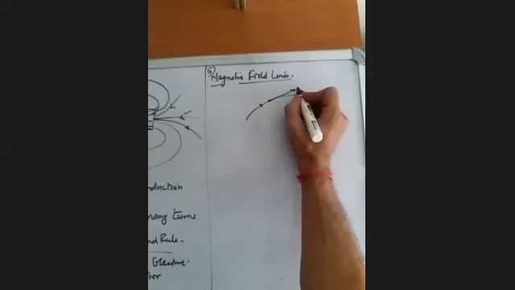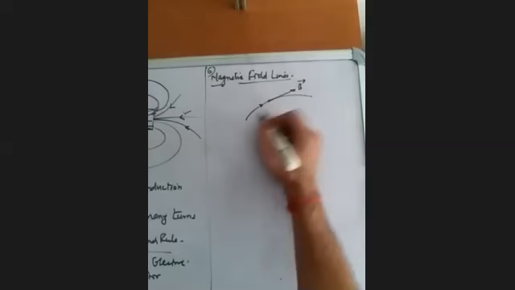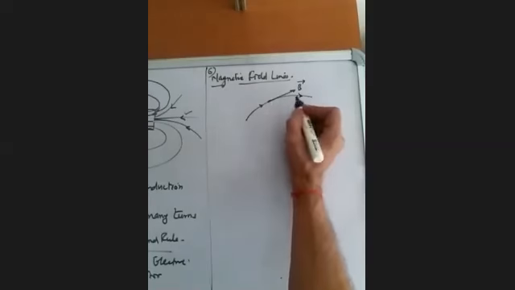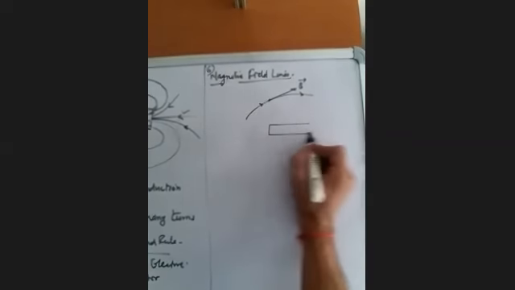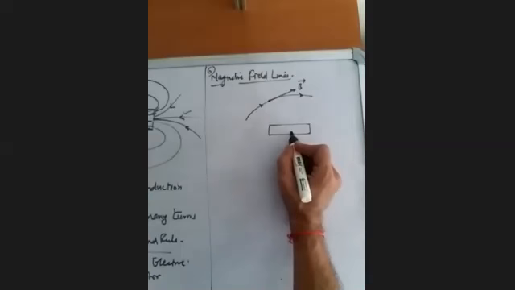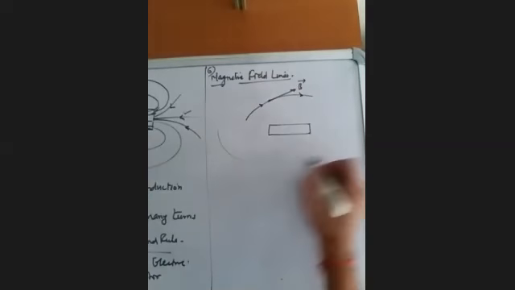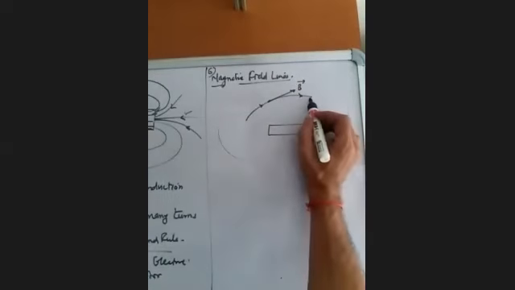So this is the direction of magnetic field. So if straight, it may be curved around any magnet. Wherever there is a magnet, there will be magnetic field. And the magnetic field can be imagined with the help of these imaginary magnetic field lines.